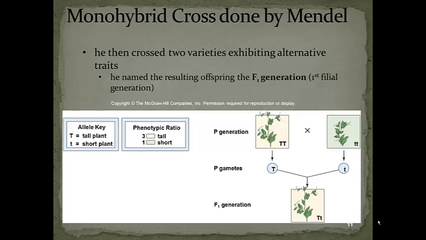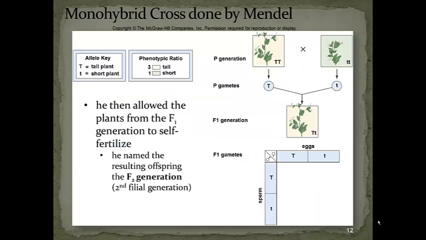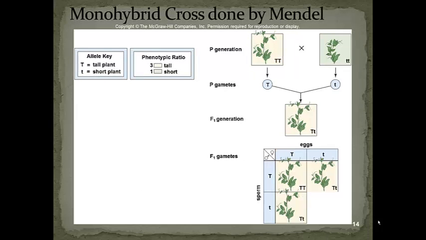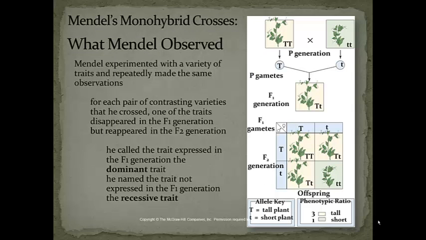Okay, he let these offspring self-fertilize, and what he got was the F2 generation, second filial generation. He got 3 tall plants for every short plant.